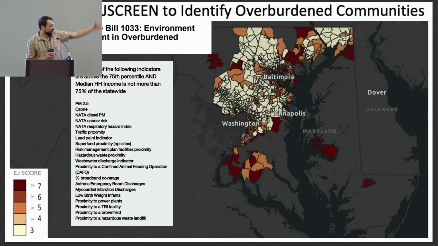As you can see, there are large parts of Maryland that are not being considered. While it very well may be the case that those places are not environmentally overburdened, this data set is not comprehensive enough to capture everything that might be happening. Obviously no data set can be, but there's a lot of improvement that can be done.